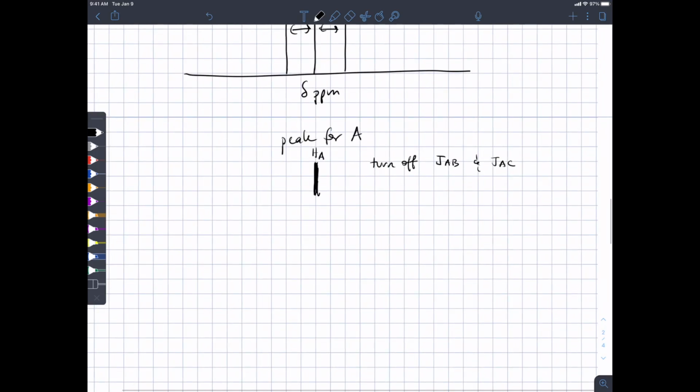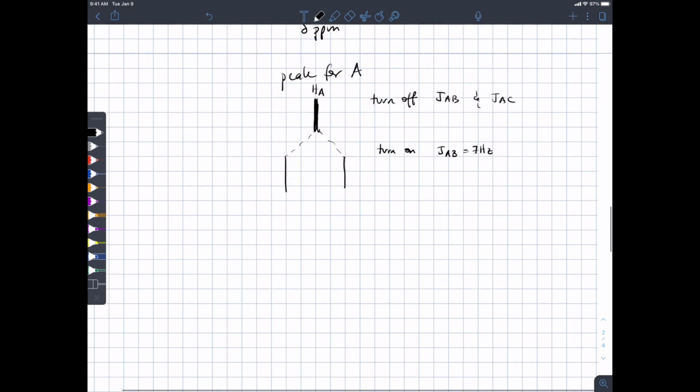Then, at this stage, we're going to turn on the coupling between A and B, which equals 7 hertz. That's going to create the situation where A is split into a doublet, a 1-to-1 doublet. Then, subsequently, we're going to turn on the coupling between A and C, which also equals 7 hertz.